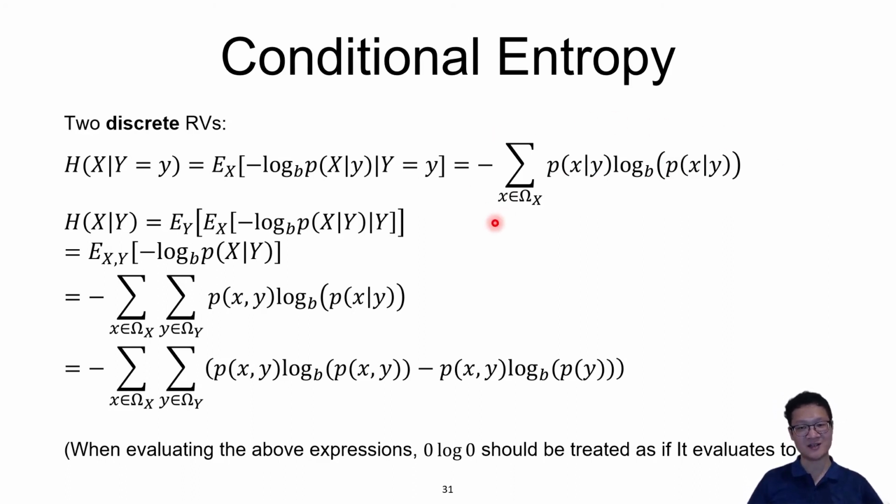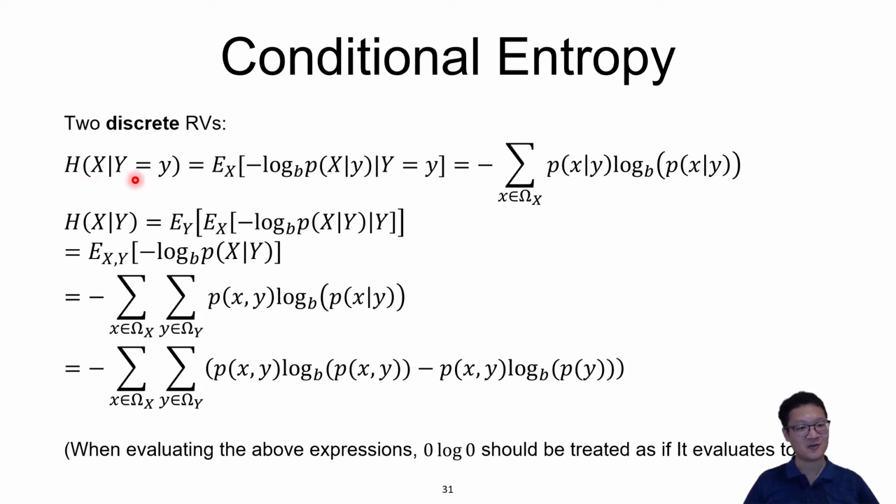How much uncertainty do we have when we're given one of the variables? So when we're given a particular value of y, this is what the conditional entropy is.